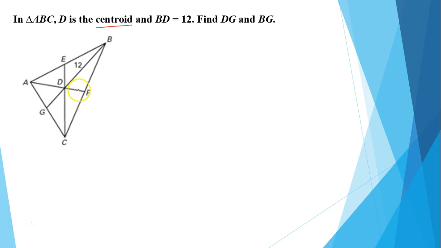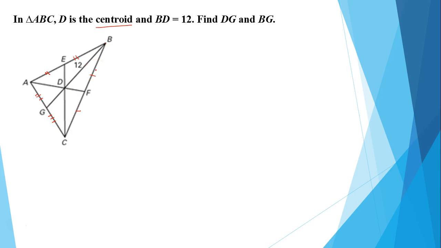Those are all three medians of this triangle. The median goes from one of the vertexes of your triangle to the midpoint of the opposite side. So we know that these segments are congruent, and these segments are congruent.